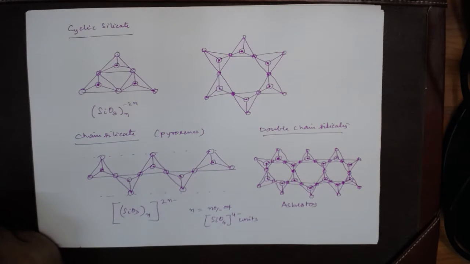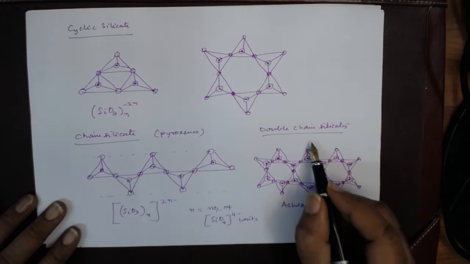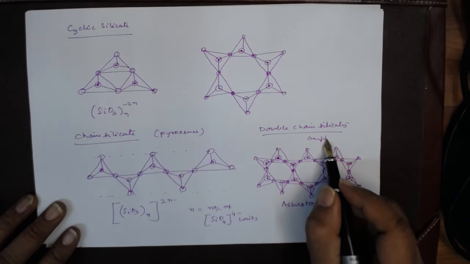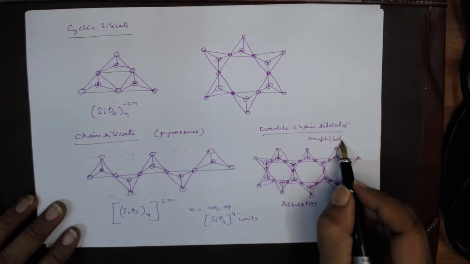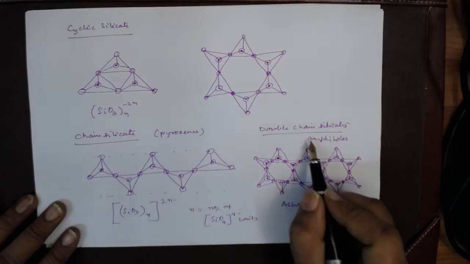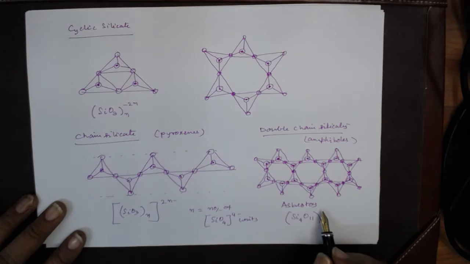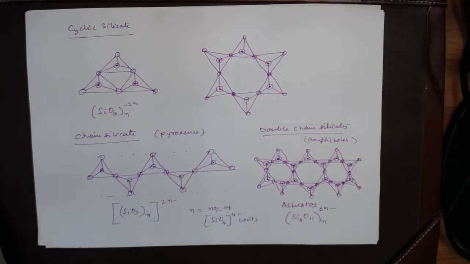These double chain silicates are also called amphiboles. They contain Si4O11, n number of silicates, and 6n minus. Got it?